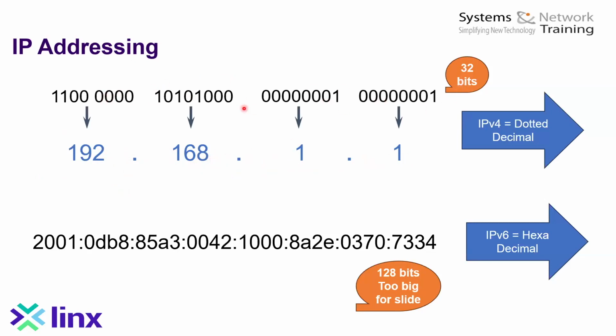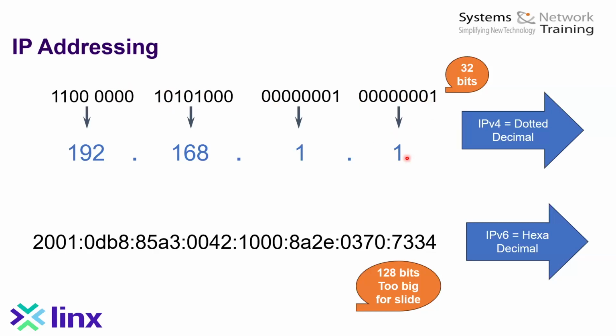I'm not going to ask you to remember the bit representation of this number. There are 32 bits in total, and that's what an IP version 4 address looks like.